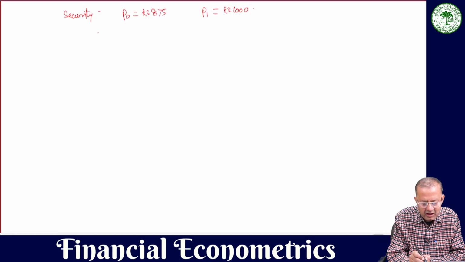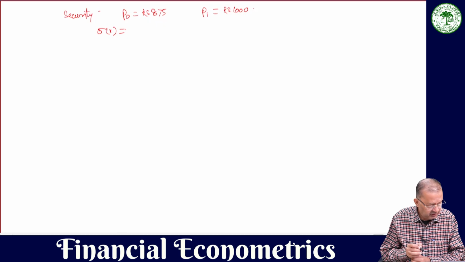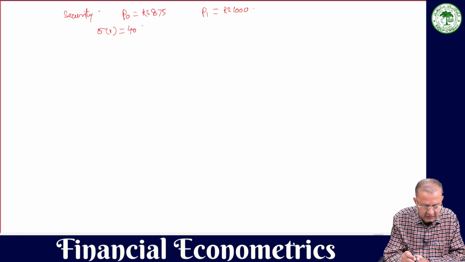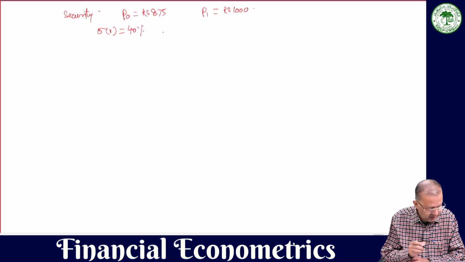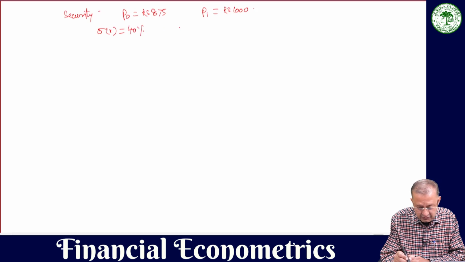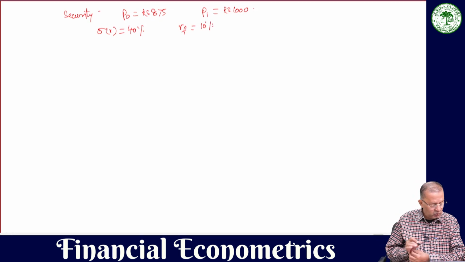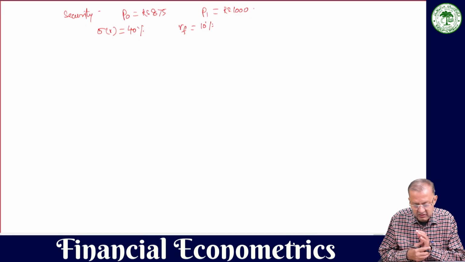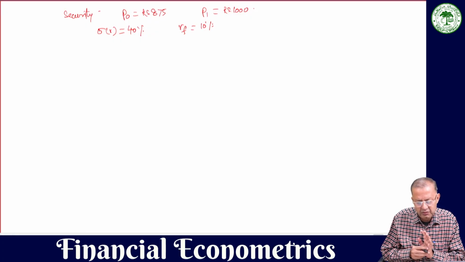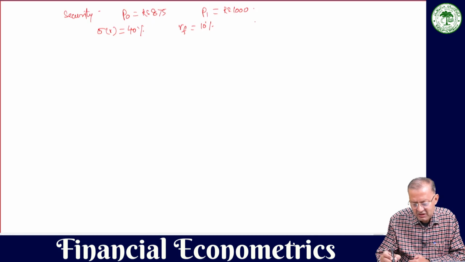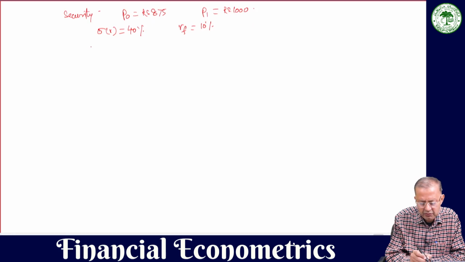Now sigma r, the risk of an asset, is 40%. This is a hypothetical example, and the RF is 10%. Now, what is the expected rate of return on the market portfolio?